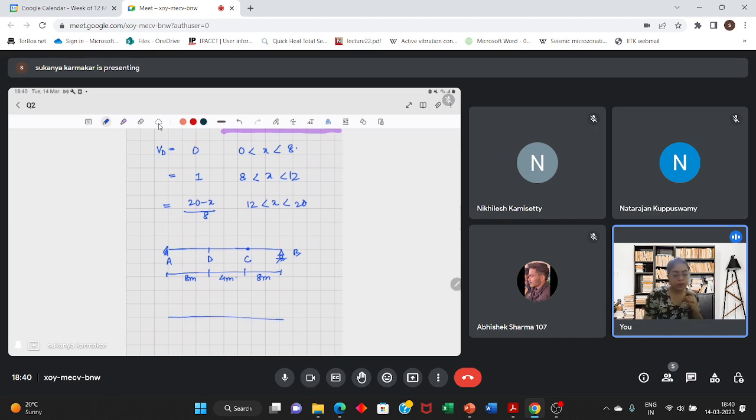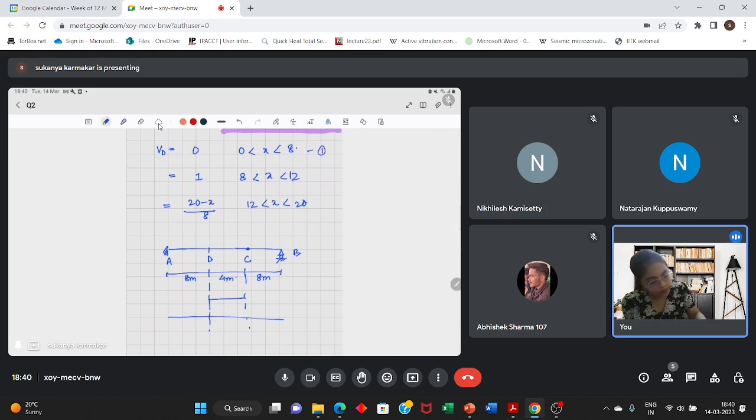Now drawing between 0 to 8, ILD, VD is 0. Between 8 to 12, it remains 1. And between 12 to 20, it drops.